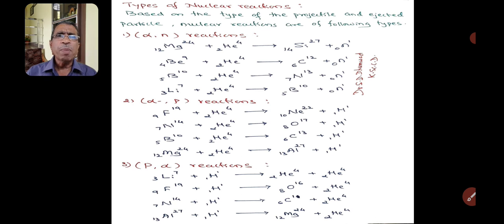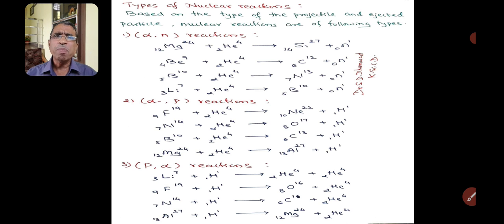Similarly, the mass number: magnesium 24 plus helium 4, 24 plus 4, 28. Out of 28, silicon has mass number 27 and neutron has mass number 1. 27 plus 1, 28. This should be applied for all the nuclear reactions.